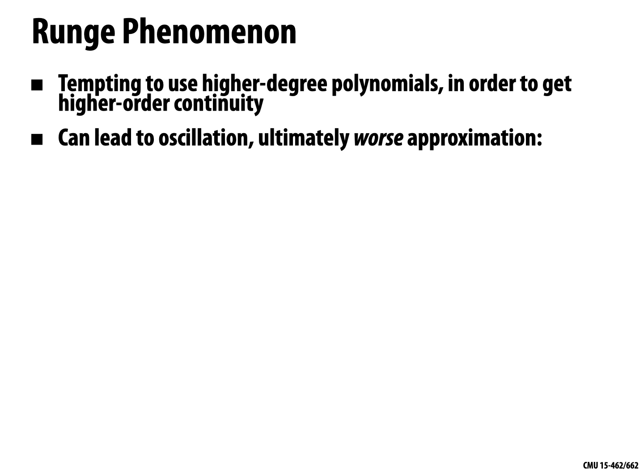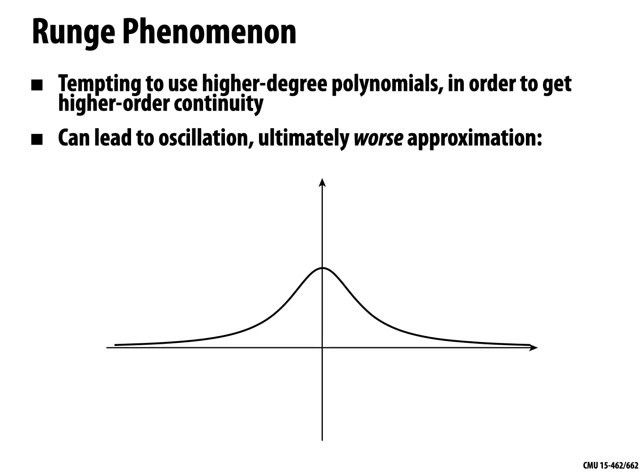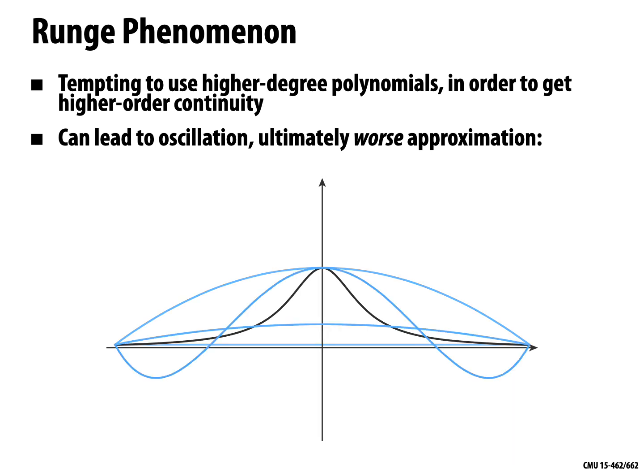Or similarly, if I'm trying to approximate some smooth function by a polynomial, as I just naively increase the degree of my polynomial approximation, my Taylor series approximation, at first it looks okay. I start out with a low degree and increase the degree of the polynomial, and it gets closer and closer to the target function.